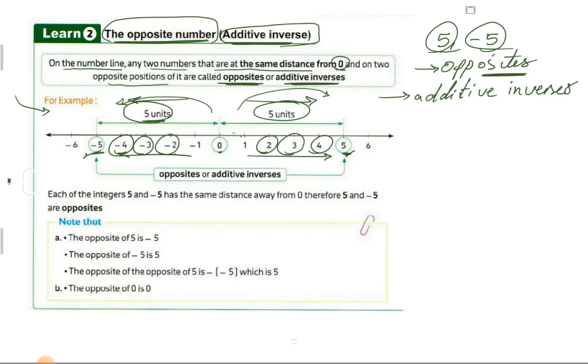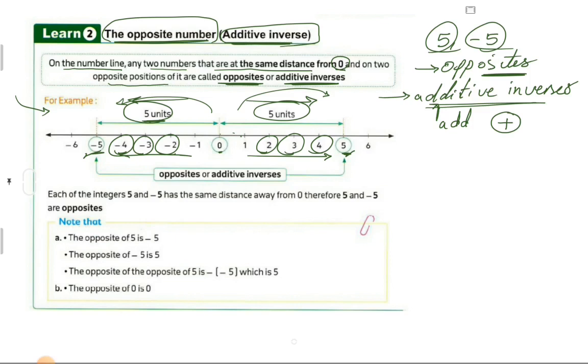Okay? What's the reason we call them additive inverses? Why do we call them additive inverses? What do we know about add? What's the meaning of add? Add is plus, right? Let's see.